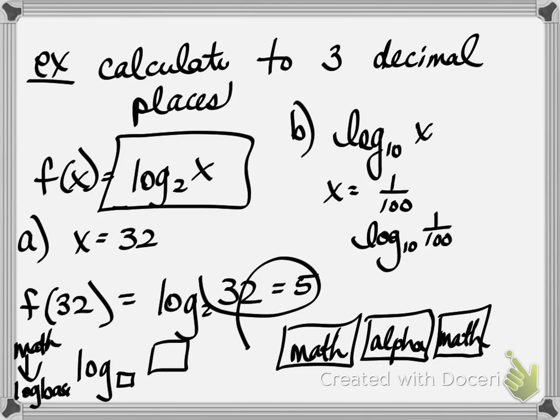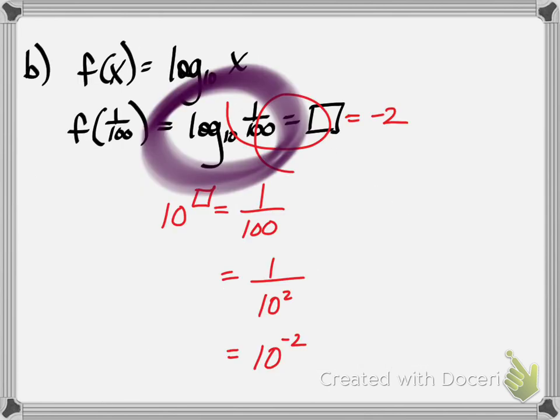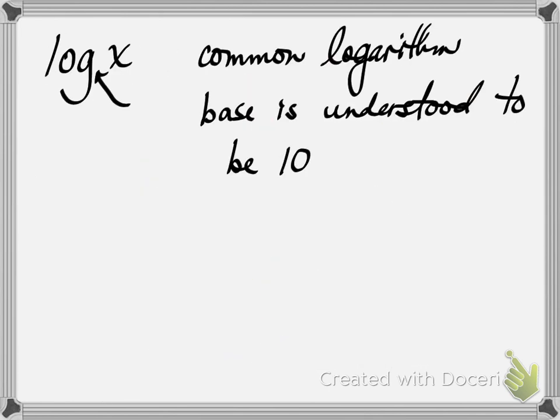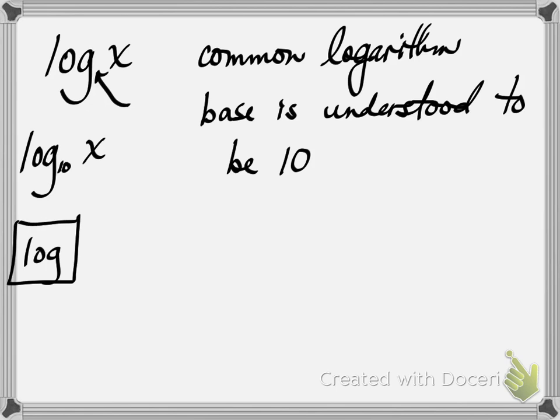And that's fine. But if there is no base written, then it's understood to be the same thing as log base 10 of x. And if you just hit the LOG button on your calculator, you only get to use that when it's a base 10. Otherwise, you have to change the base. Okay, so the common logarithmic function uses a base 10.